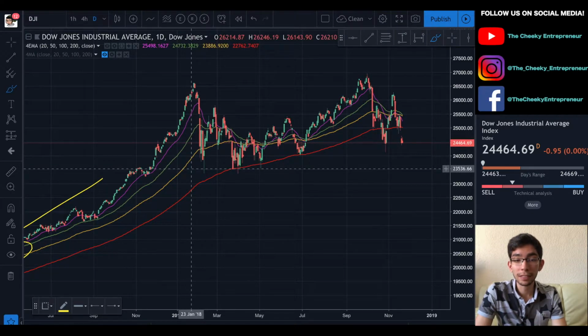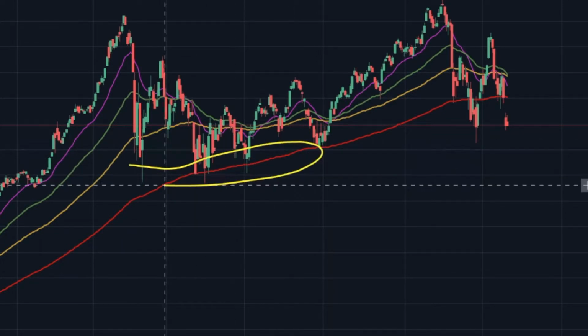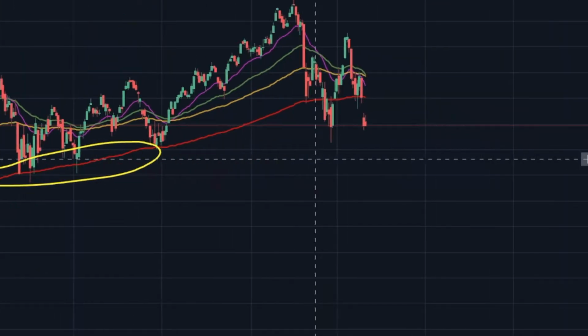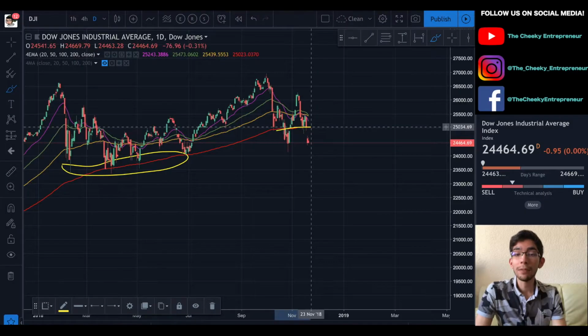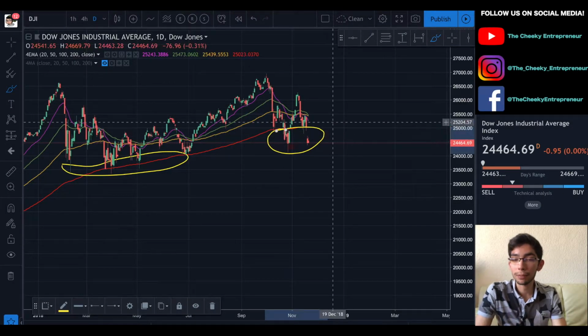And for instance, we have seen that even though the Dow Jones has gone down, in here you have found tremendous support from the 200 EMA, and even in this scenario the price is still bouncing up from these levels.